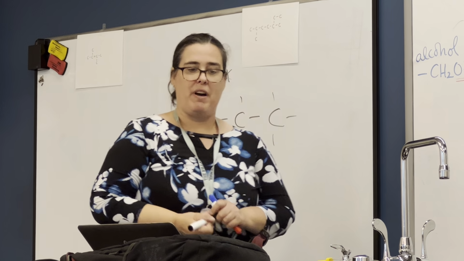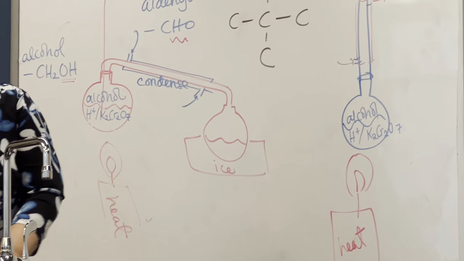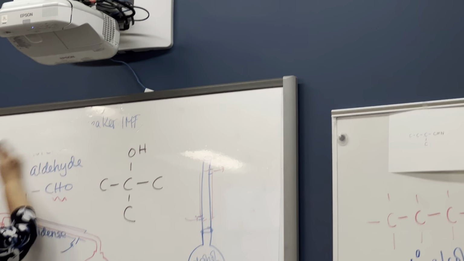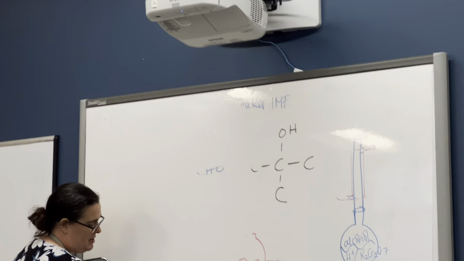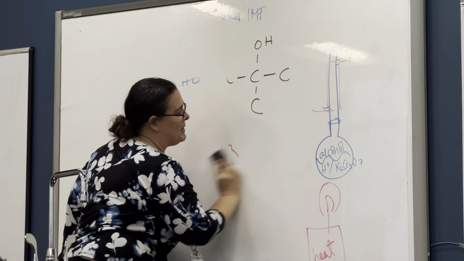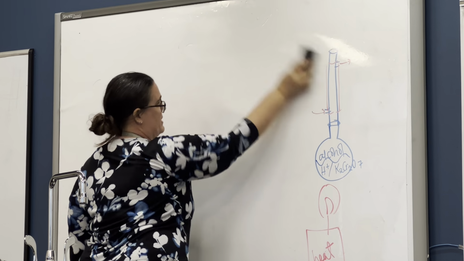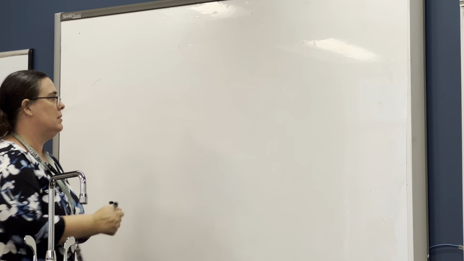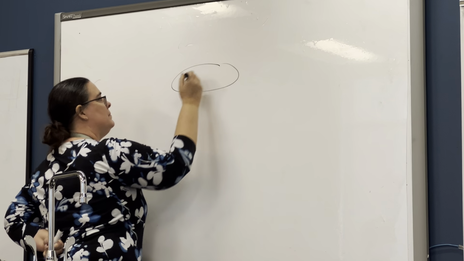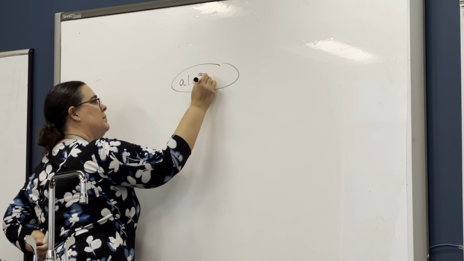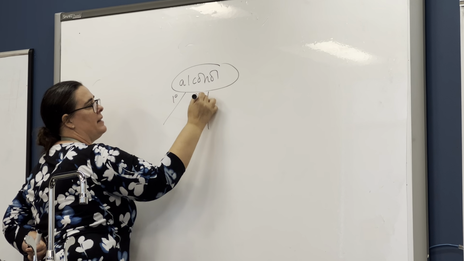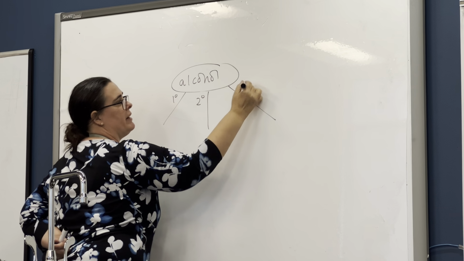So the way I'm going to draw this from now on, I'm going to have a very large map. I'm going to draw it a surprisingly large number of times. And in that map, I'm going to list the class names because I'm better at them. And I'm going to show you that an alcohol can be primary, secondary, or tertiary.